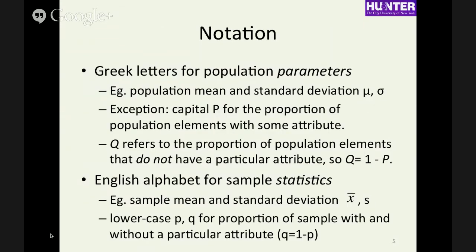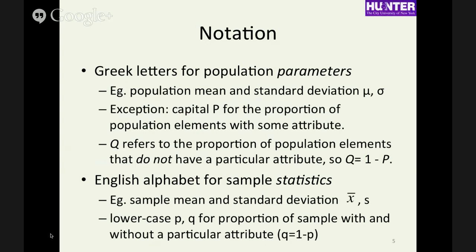Recall the notation. We're using Greek letters for the population. So mean and standard deviation are mu and sigma. I like to use capital letters when we're talking about proportions, capital P, capital Q, and then using the lowercase of those for samples, largely because it's a hassle putting little hats over the P's and the Q's.